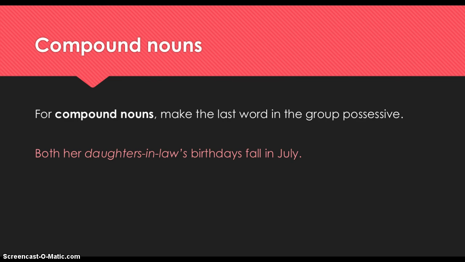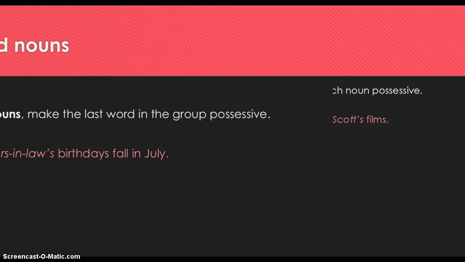If we're talking about more than one daughter-in-law, we're going to say they are daughters-in-law, but to make it possessive, we're going to put an apostrophe S at the end of law. So now we have daughters-in-law's birthdays. It's a little bit complicated, but when you look at the example, it should make sense.